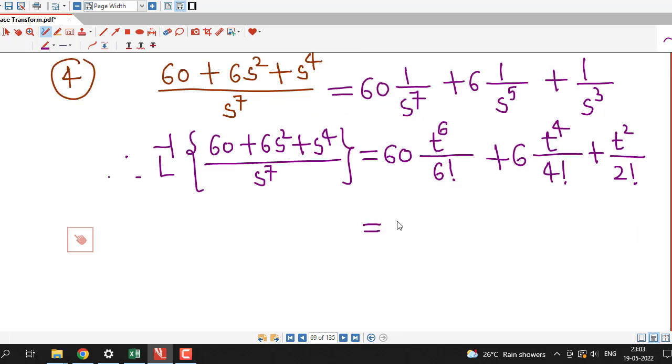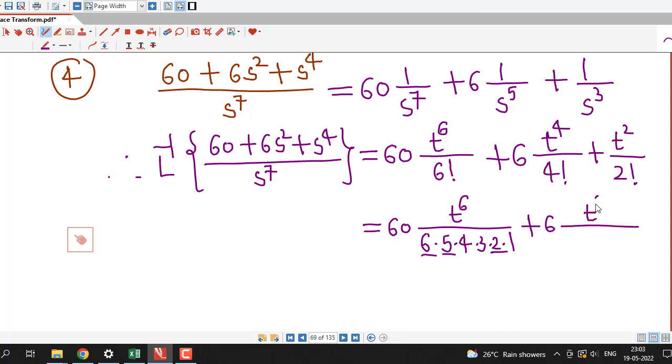Now we try to simplify. This is 60 t raised to 6. Here we will have the product of 6, 5, 4, 3, 2 and 1, and we will have 5 into 2, 10, into 6, 60. So that 60 will cancel out here. Similarly here we have t raised to 4 times 4 into 3 into 2 into 1.